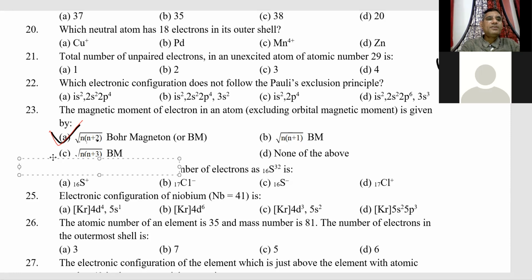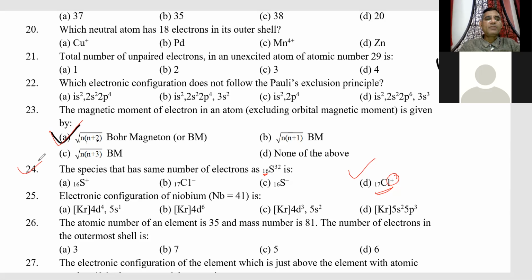Chlorine. D. Cl plus has 17 electrons, now 1 electron will be lost. So how much is 16? This is also having 16. So 24 would be D.